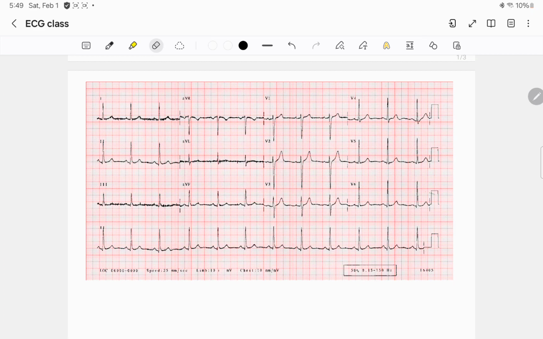Perhaps I should scratch that earlier comparison. It works best with rhythms that are of a normal rate, so 60 to 100.